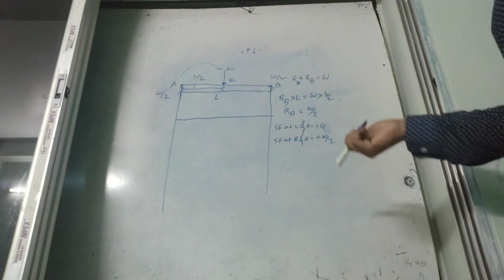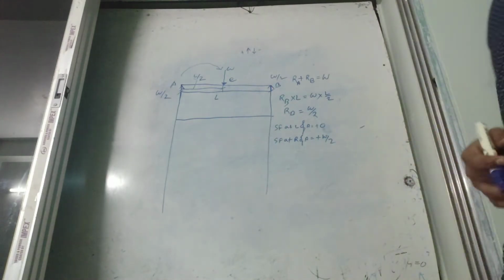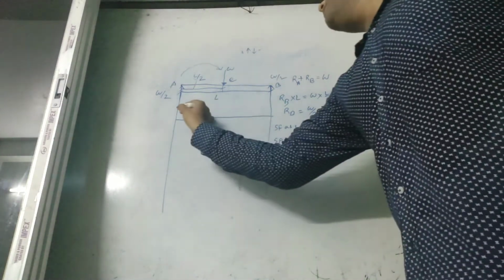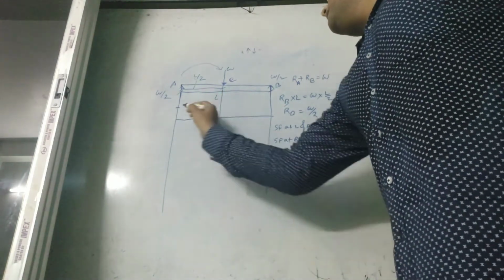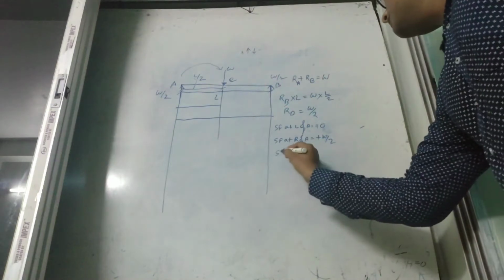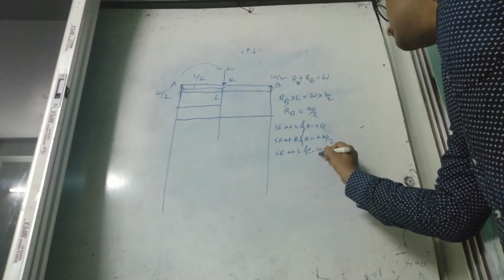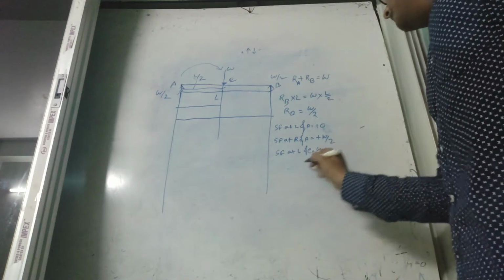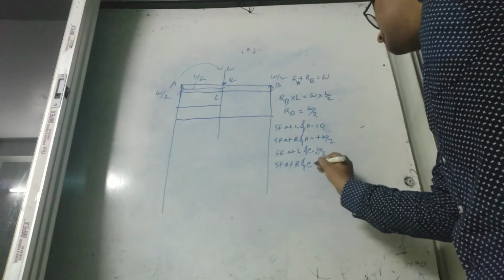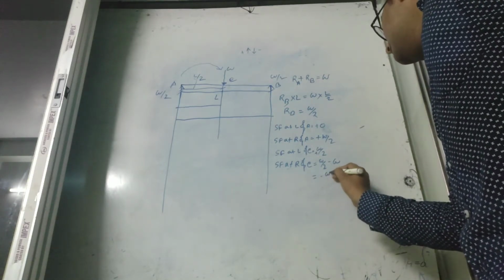I will give the suggestion that if both sides come to 0, then our math is okay. Shear force at right of A is W by 2. Okay, so W by 2 is taken and continues along W by 2. Shear force at left of C is W by 2, and shear force at right of C is W by 2 minus W, meaning minus W by 2.